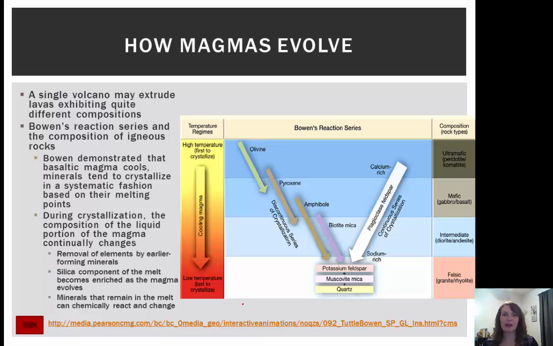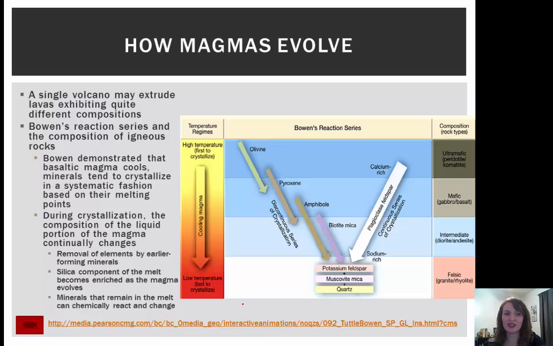Now we're going to talk about how magmas evolve. A single volcano may extrude lavas exhibiting quite different compositions. So, Bowen's reaction series and the composition of igneous rocks. Bowen was a scientist that demonstrated that as basaltic magmas cool, minerals will tend to crystallize in a systematic fashion based off of their melting points.